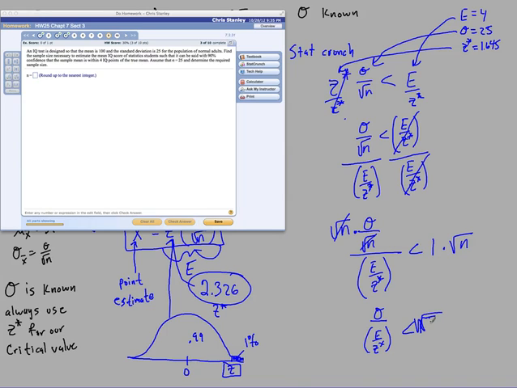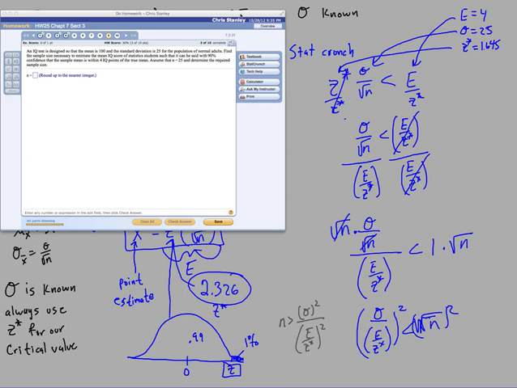It's the square root of n. So now I just square this, and I square this whole side. So here's the formula right here. I'm just going to switch them around. So it's going to be n, because if I square a square root, the n disappears. n is greater than the standard deviation squared over the e z star squared.